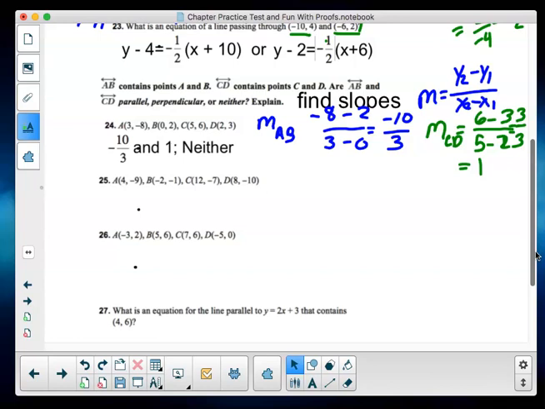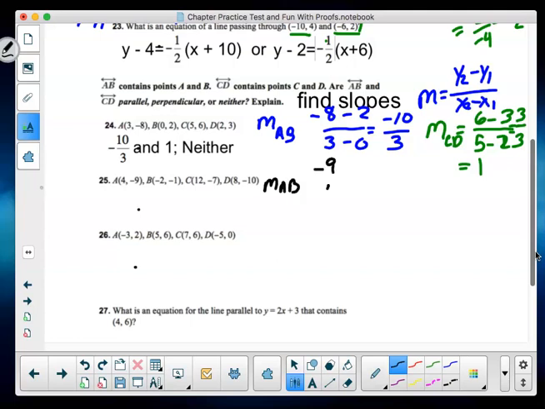My next one, I'm going to find the slope of AB. I'm going to do this on each one of them. Negative 9, 4, and negative 1, negative 2. I am going to find their difference. Now I have negative 9 plus 1, which is negative 8. I have 4 plus 2, which is positive 6. And I also have a slope of CD.